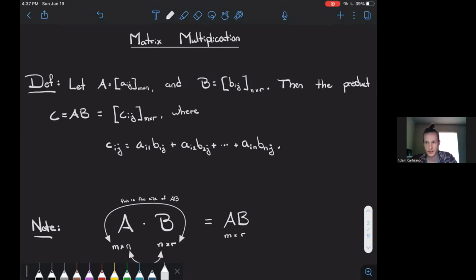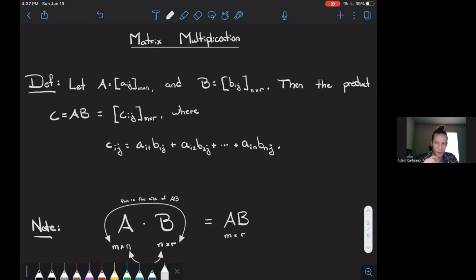Well, here we have a similar notion of multiplying two matrices together. So it goes like this. Let A be an m by n matrix, and let B be an n by r matrix. Notice n, the number of columns of A, is equal to the number of rows of B. That's important, and we'll get to that in just a second.